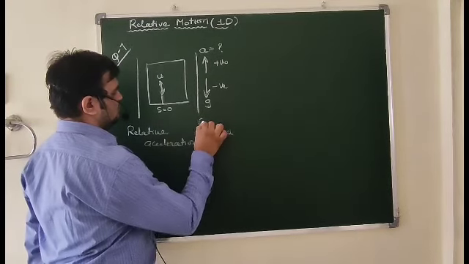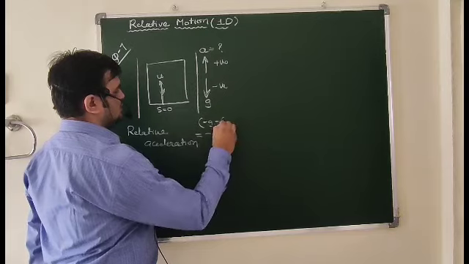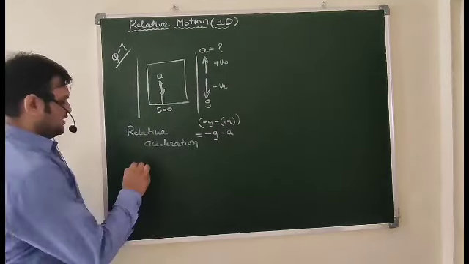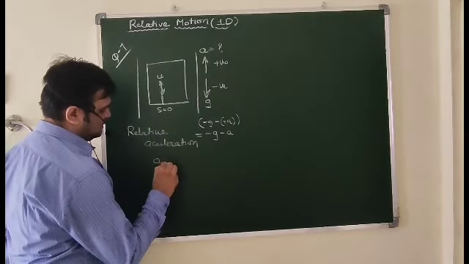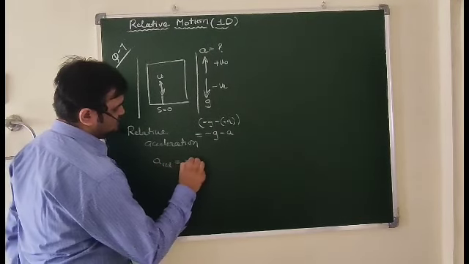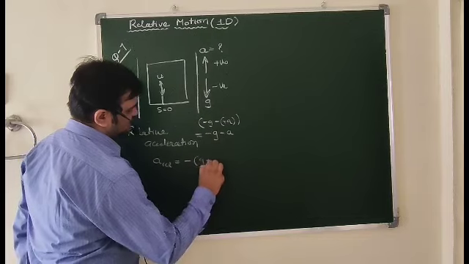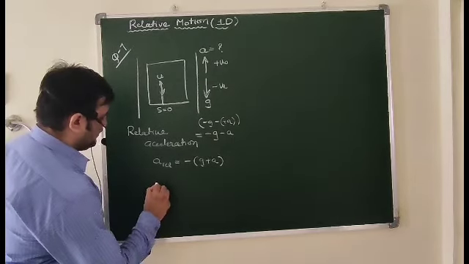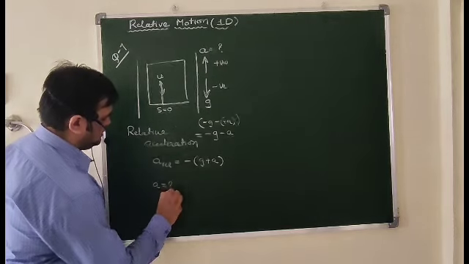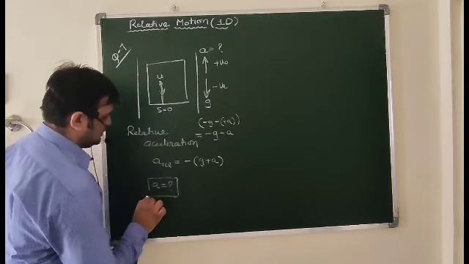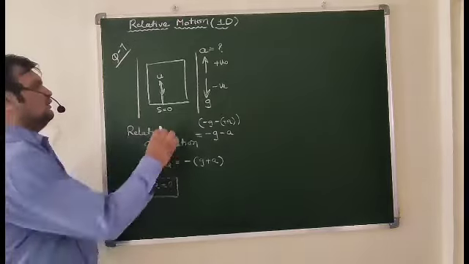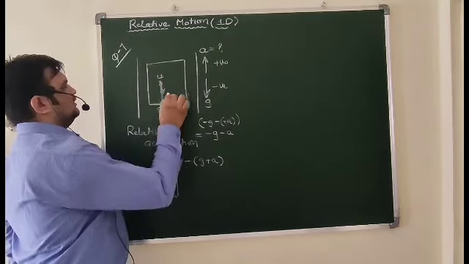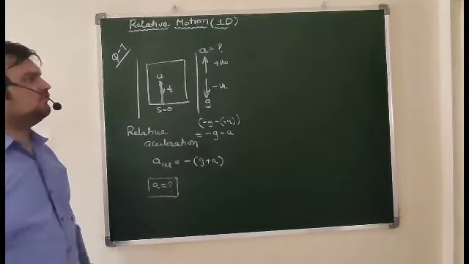So relative acceleration A relative is minus G plus A. Ultimately we have to find only the acceleration of the lift. The time of flight, upward and downward, is t.